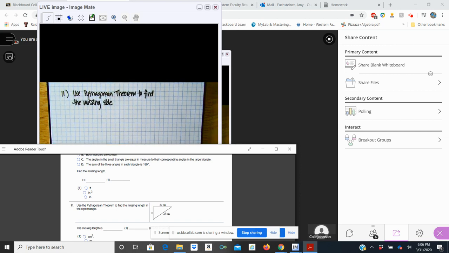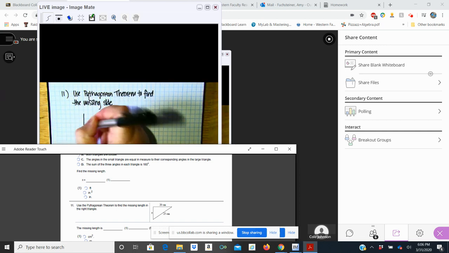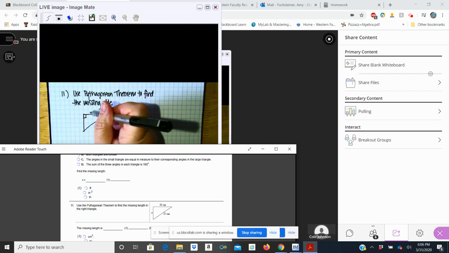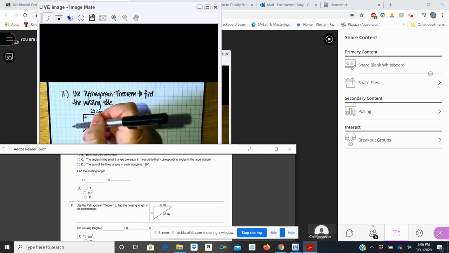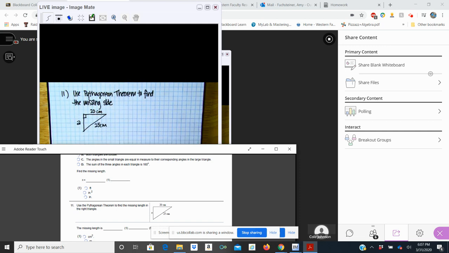Problem number 11 asks you to use Pythagorean theorem to find the length of the missing side. So how would we set this up using Pythagorean theorem?